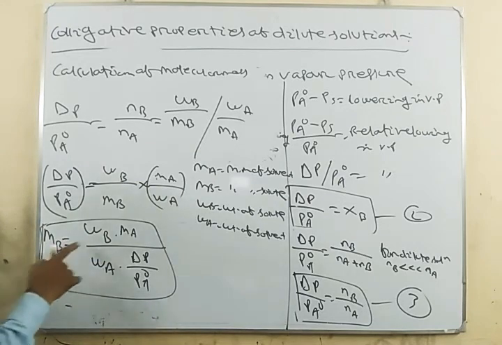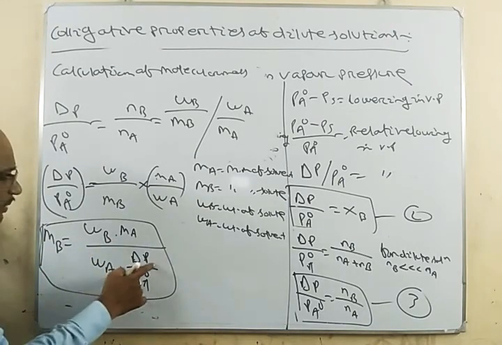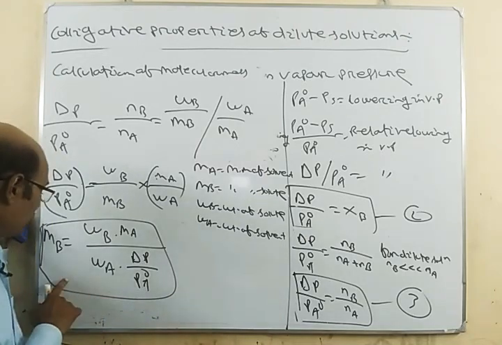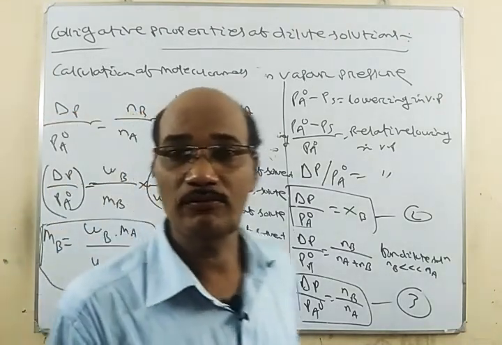So MB equals WB into MA by WA into delta P by PA naught. In this way we can calculate the molecular mass of the solute, MB.